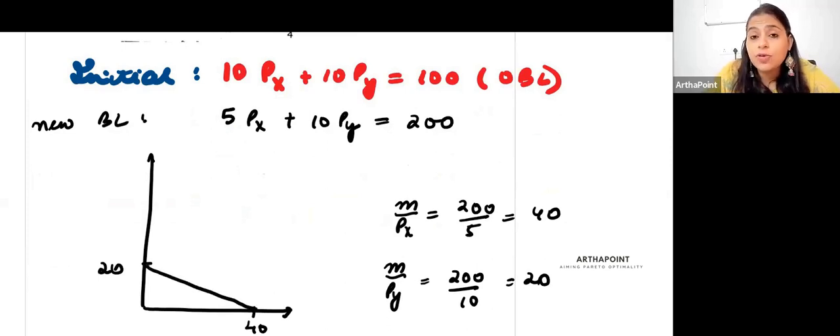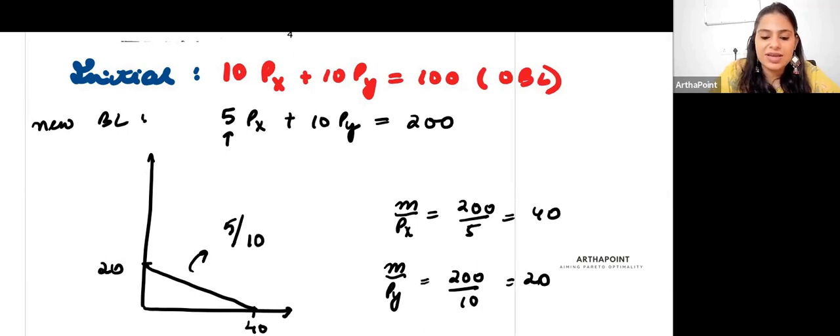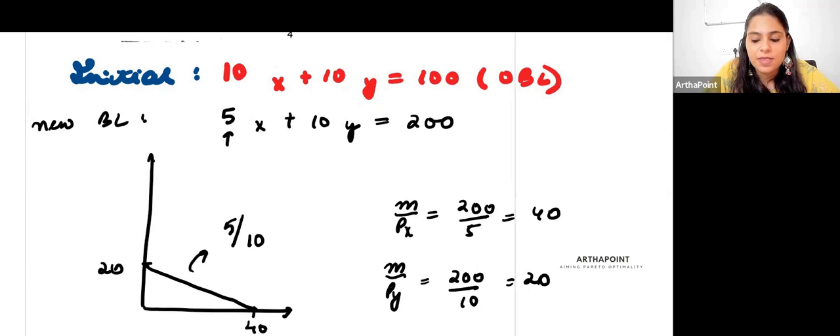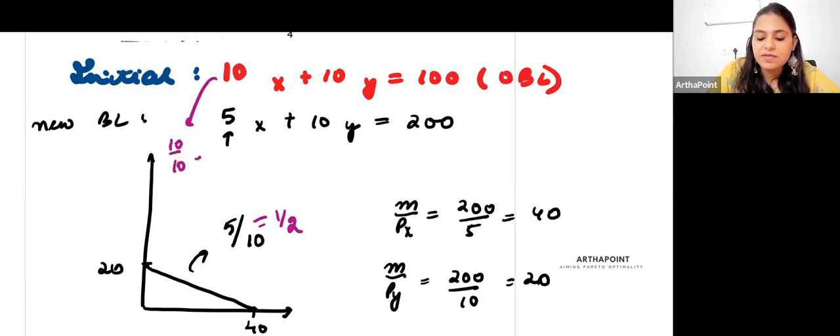So what is the slope of this budget line? Slope is price of good X divided by price of good Y. So my slope will be half. What was your slope earlier? It was 10 by 10, which is 1.